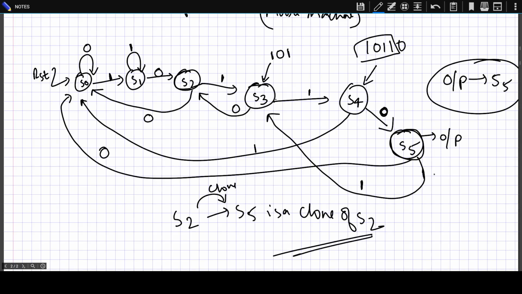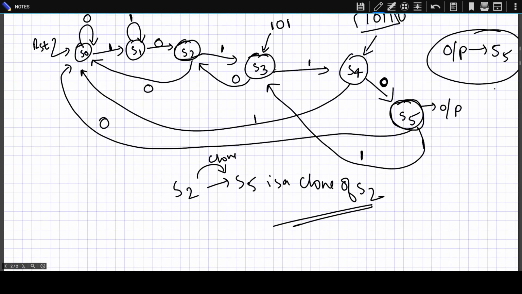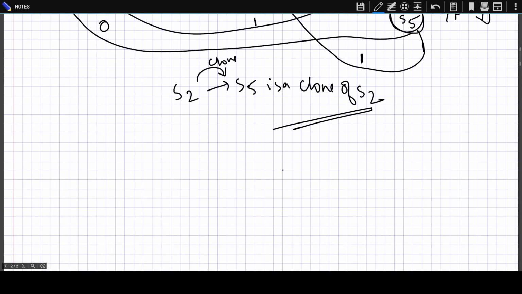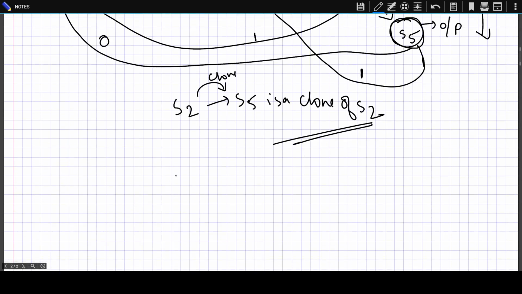Okay, so in order to understand what the statement means, the output will be triggered as soon as the state S5 is reached. We will get into the practicality of implementing FSMs. How many states do we have? 1, 2, 3, 4, 6 states. We have 6 states.